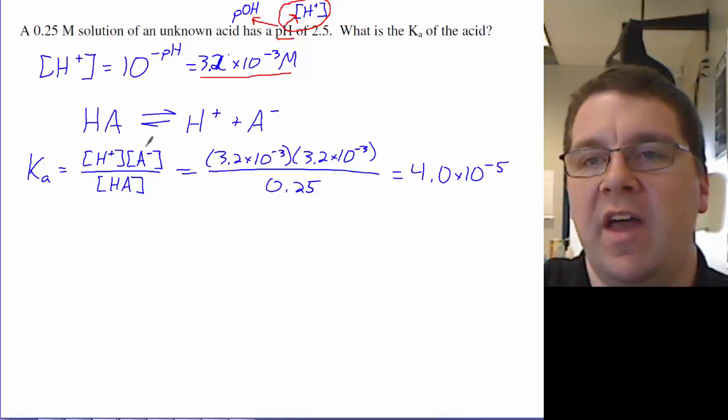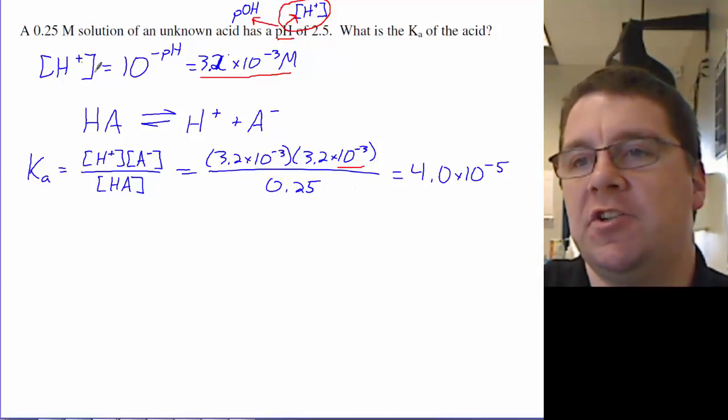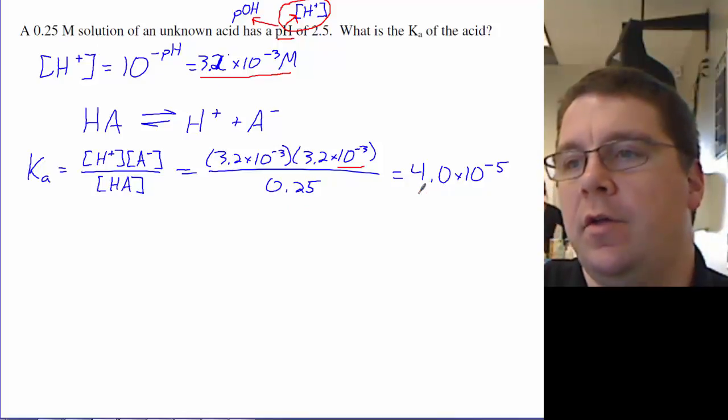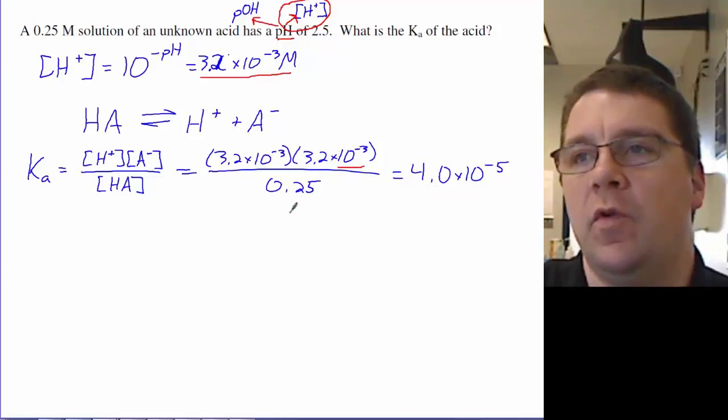Setting up your Ka expression for that generic equation, it's a 1-to-1 ratio. So if this is your hydrogen ion concentration, we also assume that it's the anion concentration as well. 0.25 molar is your weak acid concentration. So plug and chug, and you should come up with 4.0 times 10 to the minus 5th for that Ka value.